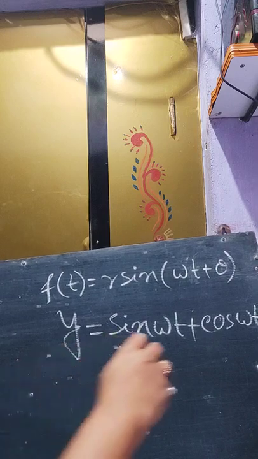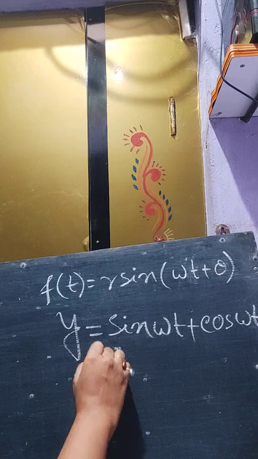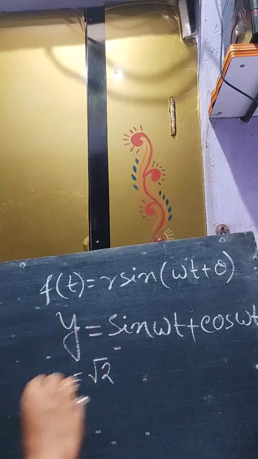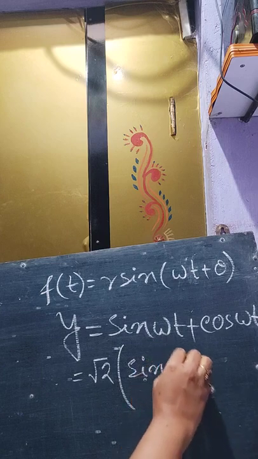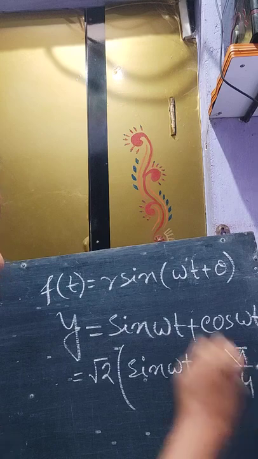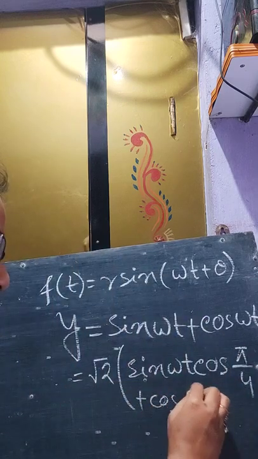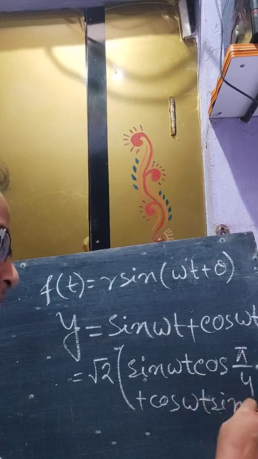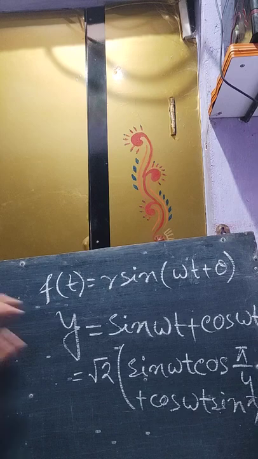This we can write like this, with root 2 adjusted here: root 2 times sin omega t cos pi by 4 plus cos omega t sin pi by 4. Why?